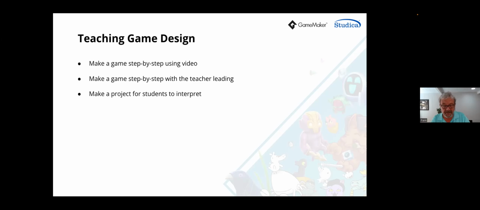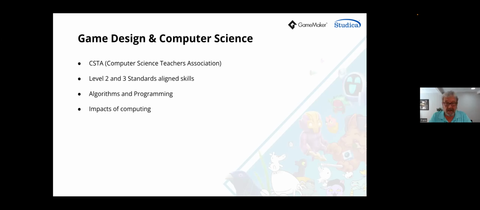As I alluded to, in computer science, game design has been one way of teaching computer science. The Computer Science Teachers Association has a list of standards that are aligned skills with level 2 and 3. They generally mainly deal with algorithms and programming.